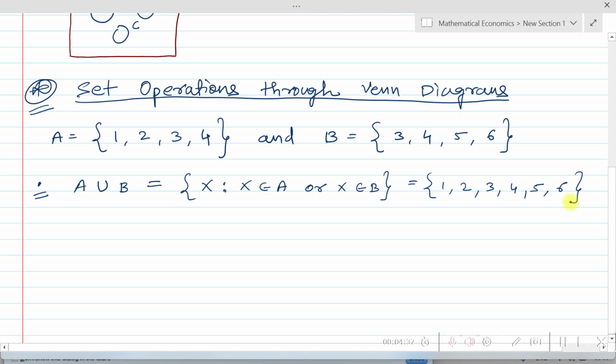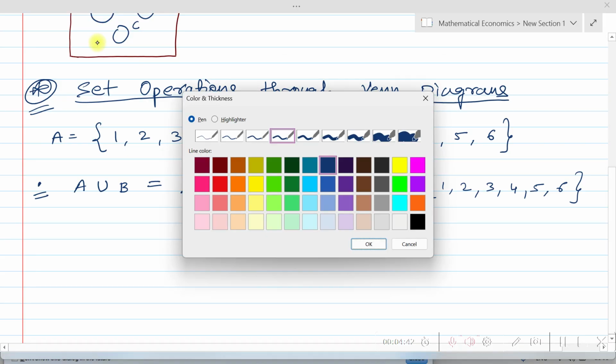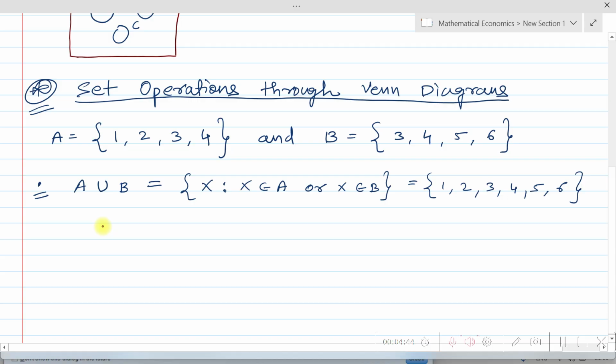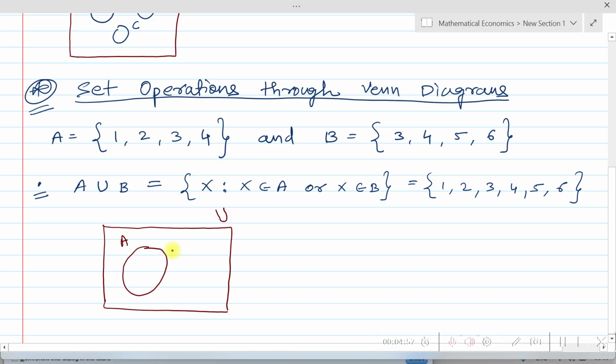So let's draw the Venn diagram. This is universal set U, set A, set B. So here we have 1, 2, 3, 4, 5 and 6.